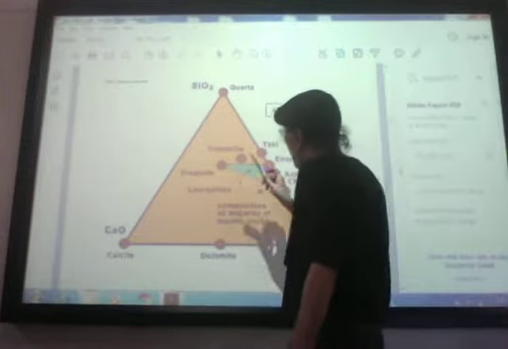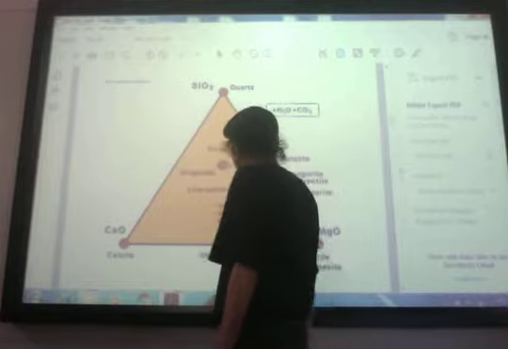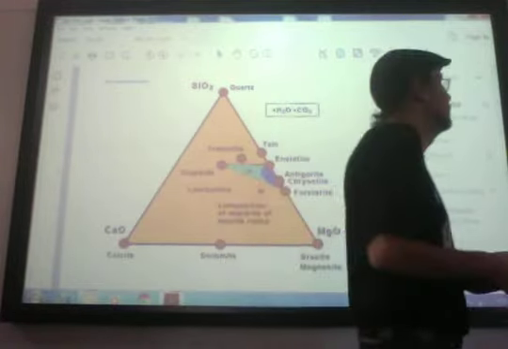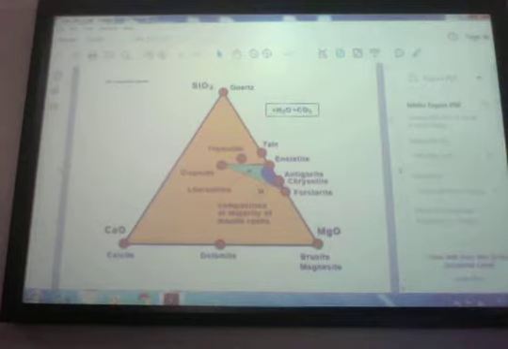So in the tremolite, that is then the clinoamphibole, that is the tremolite, that is Ca2 Mg5 Si8 O22 (OH)2.